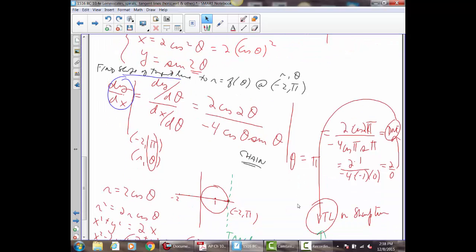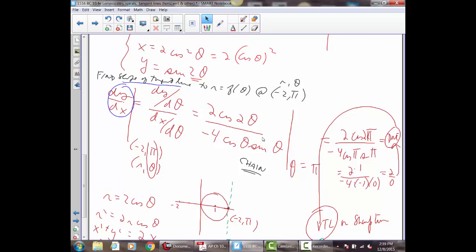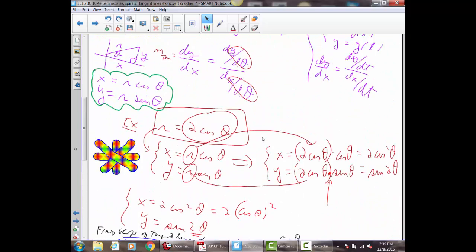You're now going to evaluate that at theta equals pi, so I go through and replace all the thetas by pi. So the cosine of 2 pi is 1, the cosine of pi is negative 1, the sine of pi is 0.